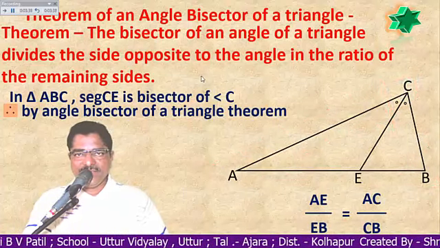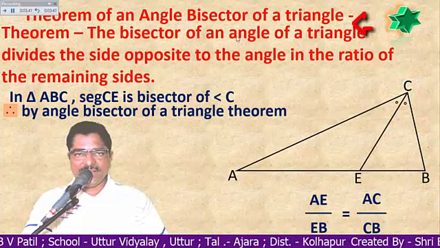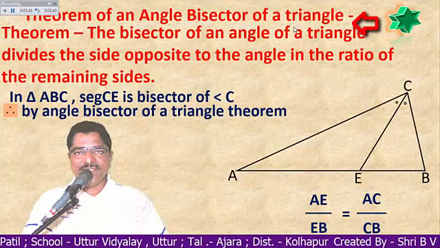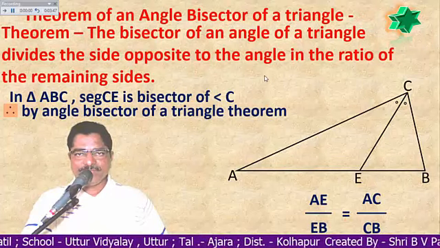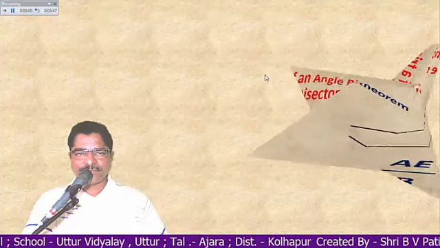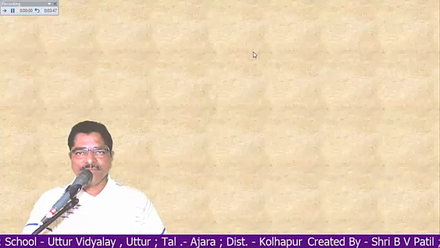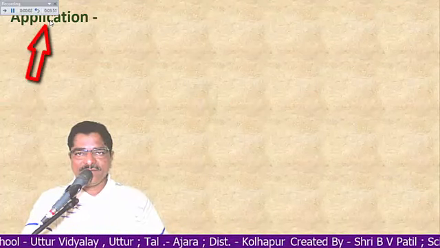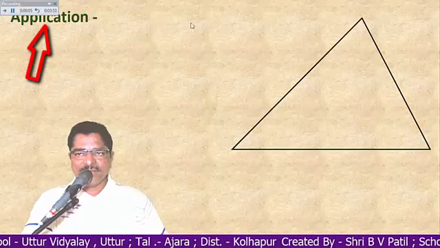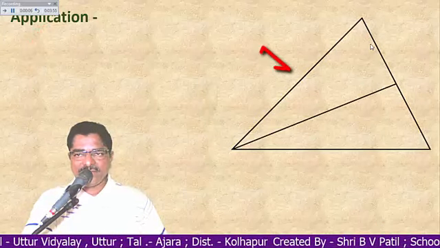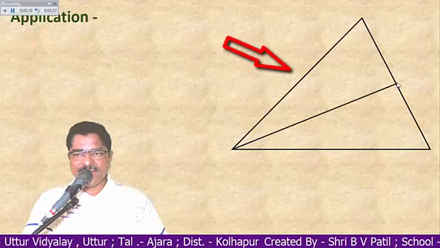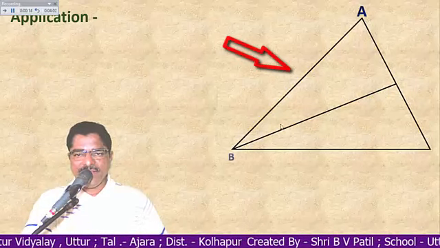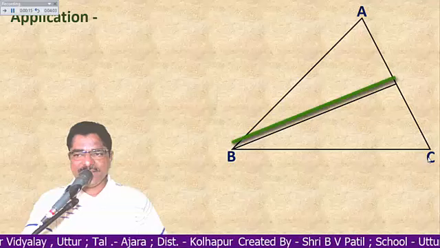Today we discussed shortly the theorem of an angle bisector of a triangle. Here we see an application. We draw triangle ABC and a bisector.